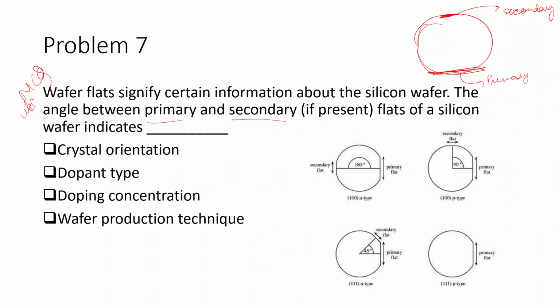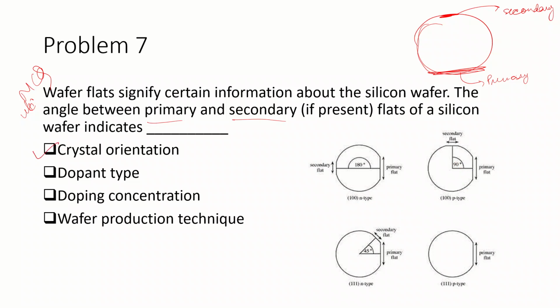So here we say there are different kinds of flats, and you see the different angles. Depending on the angle, you have the crystal orientation.